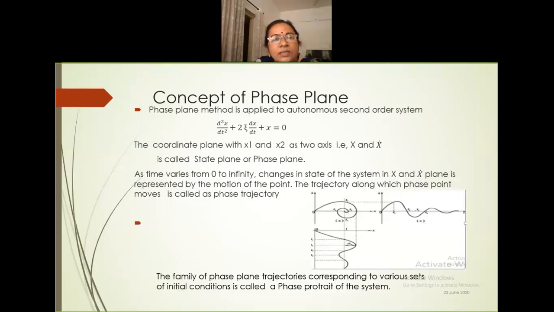If x is one state variable, say x1, the second state variable is x2. How do you get that x2? It is nothing but the derivative of x. We assume x as the state variable x1, and dx by dt is x2.